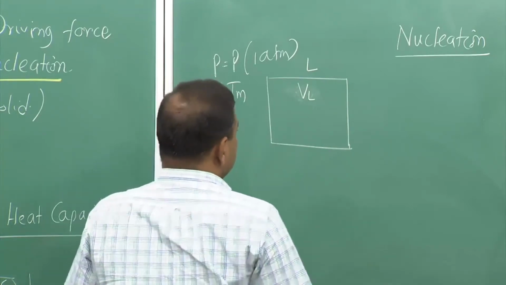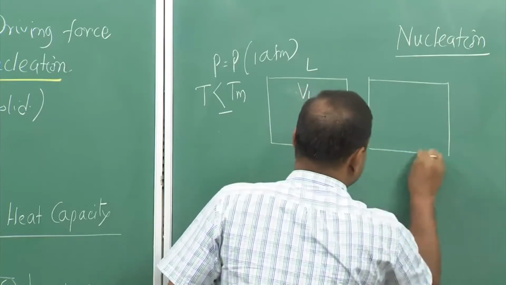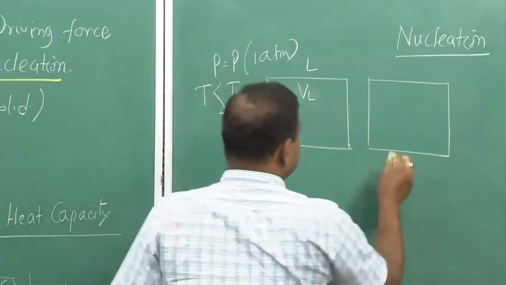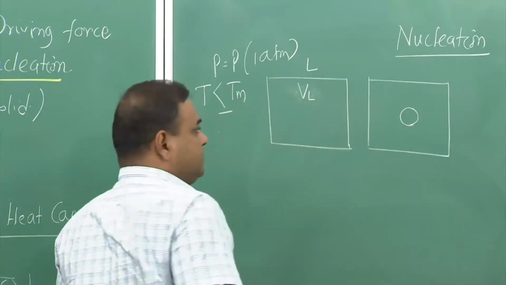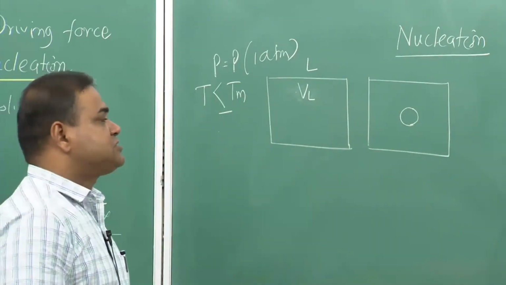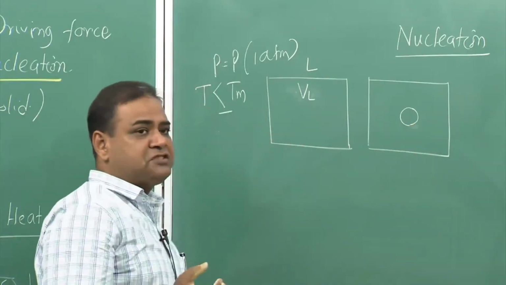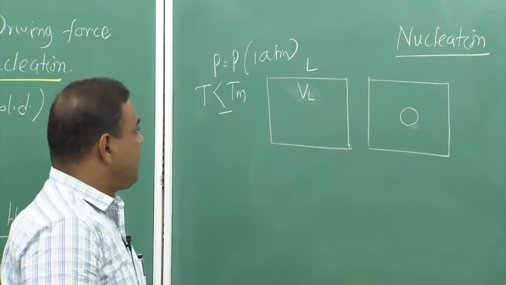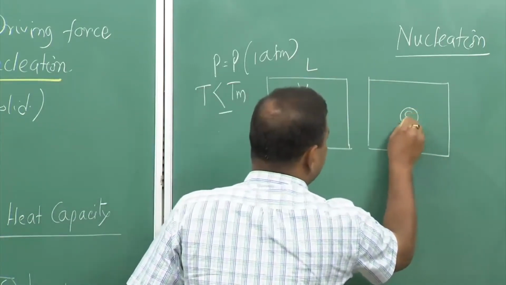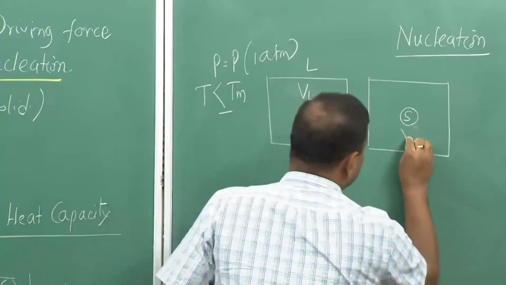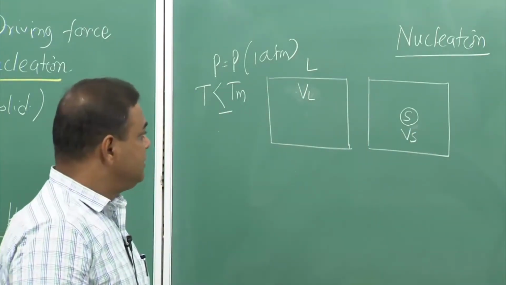Now, in that particular enclosure, I will have a situation where I will form a nuclei, which initially can be considered as a kind of cluster, where liquid transforms to solid of volume Vs. Okay.